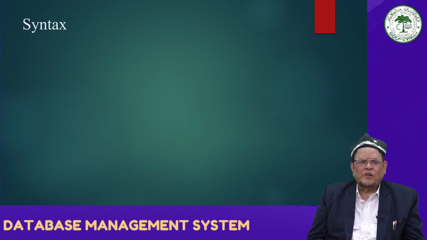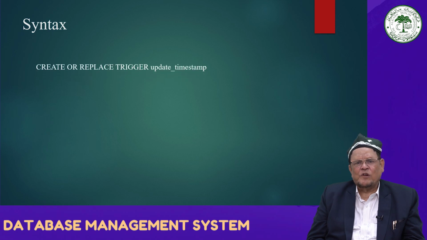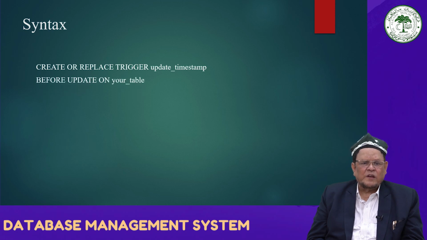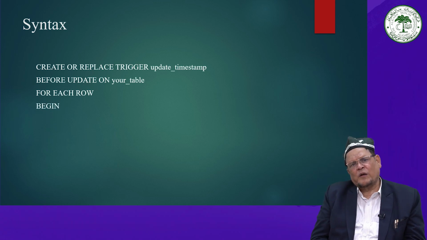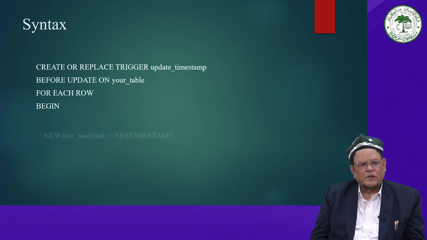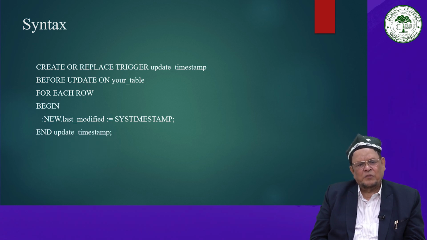So, the same way, you have to know the syntax. You have to write create or replace trigger update timestamp before update on your table for each row, then begin. The same way you have to write for before update or after whatever. Then new last modified is equal to system timestamp and update time.